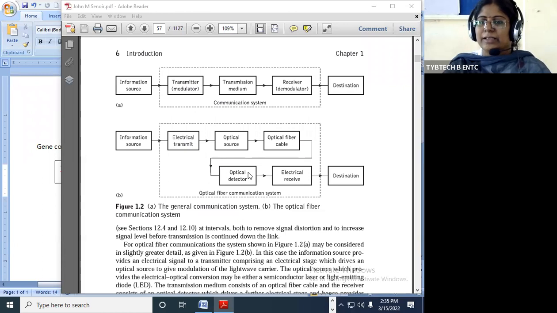Then the optical detector will convert the light signal again into an electrical signal. Then electrical receive means the opposite: recovery of the main signal takes place. Based on the transmitter part, the reverse process is applied in the electrical receiver, and the last one, the destination, receives the final signal.